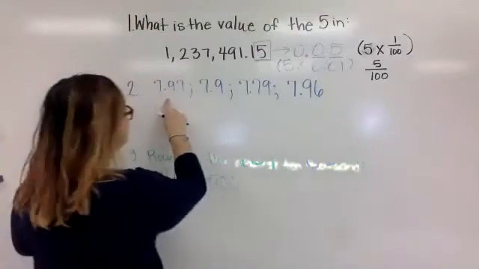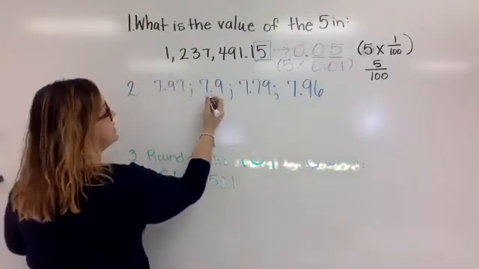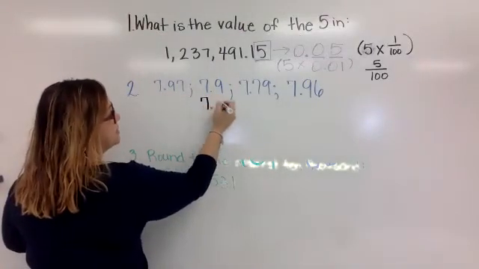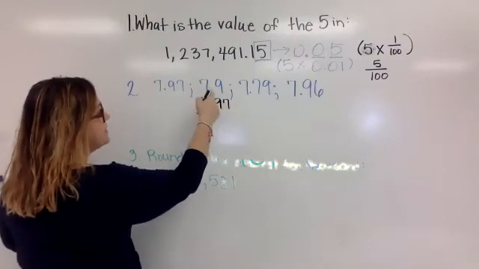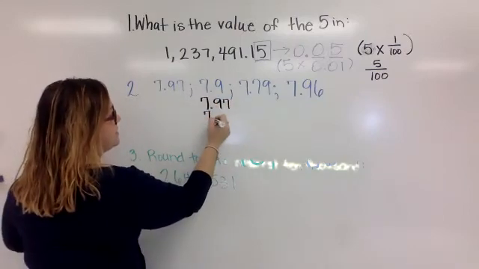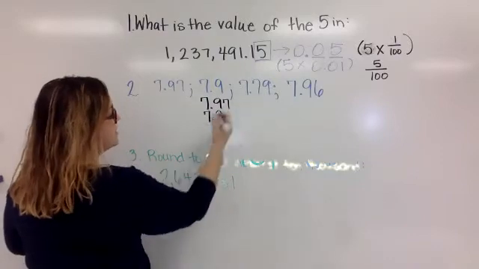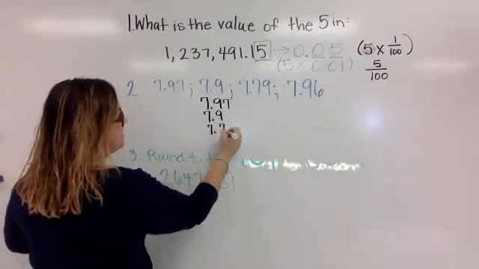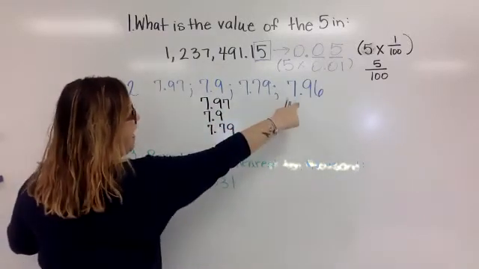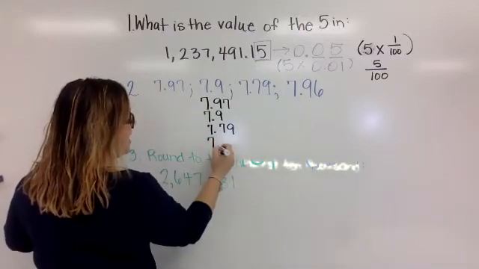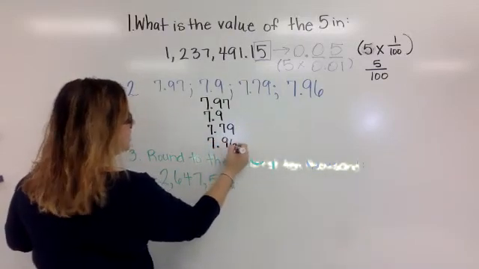So I've got 7 and 97 hundredths. I've got 7 and 9/10. I've got 7 and 79/100. And I have 7 and 96/100.